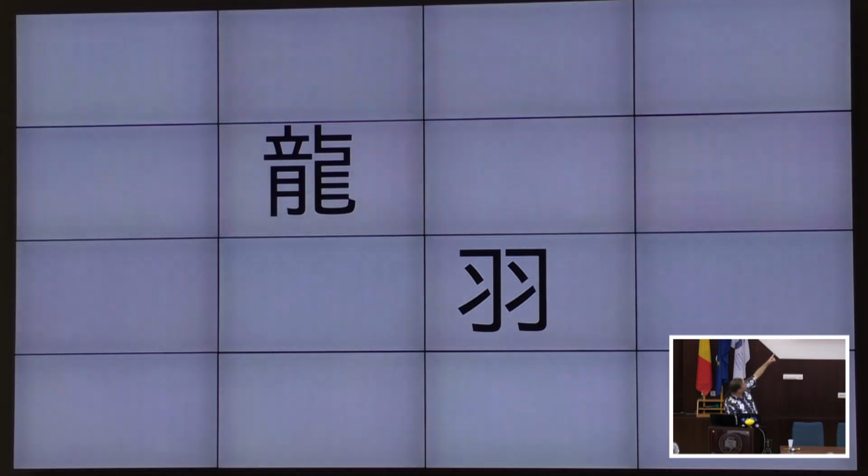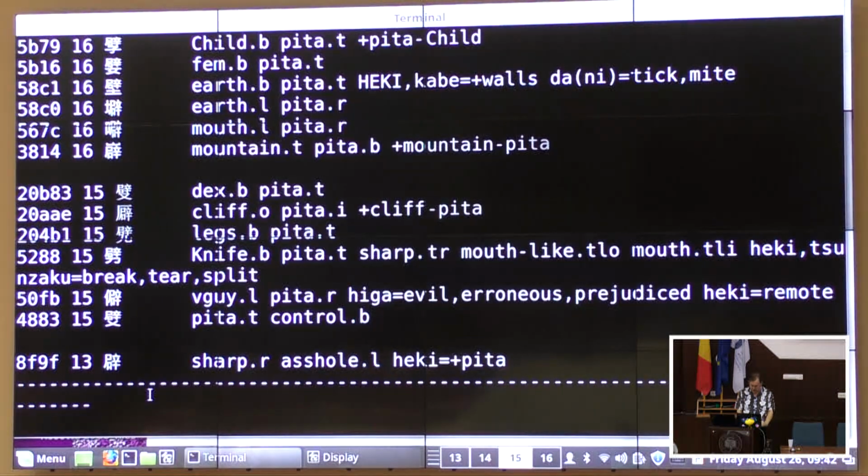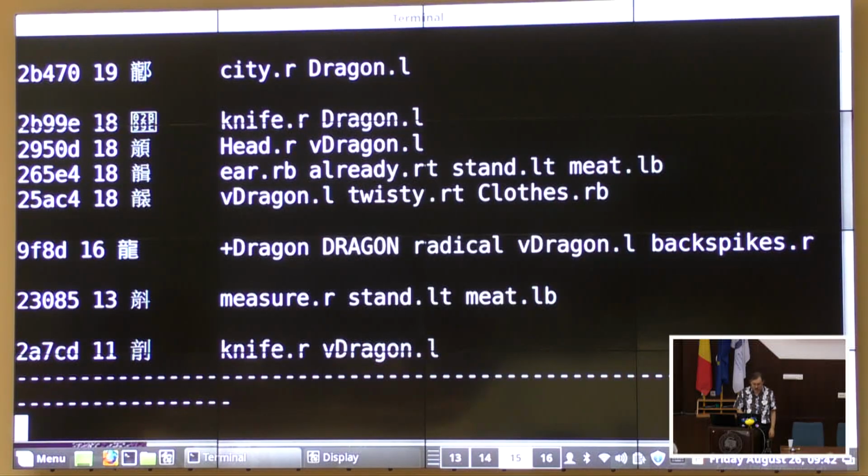So, if you wanted to look this up and you didn't know it was dragon, you'd like a program that you can say, there's something that looks like stand on the left top and something that looks like meat on the left bottom. And there's dragon.